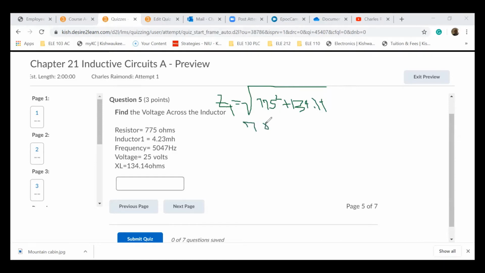786.52. Okay, so now I'm going to use the voltage divider rule to find VL1. What you do is take the ratio, X sub L over Z total, and multiply that by V total.